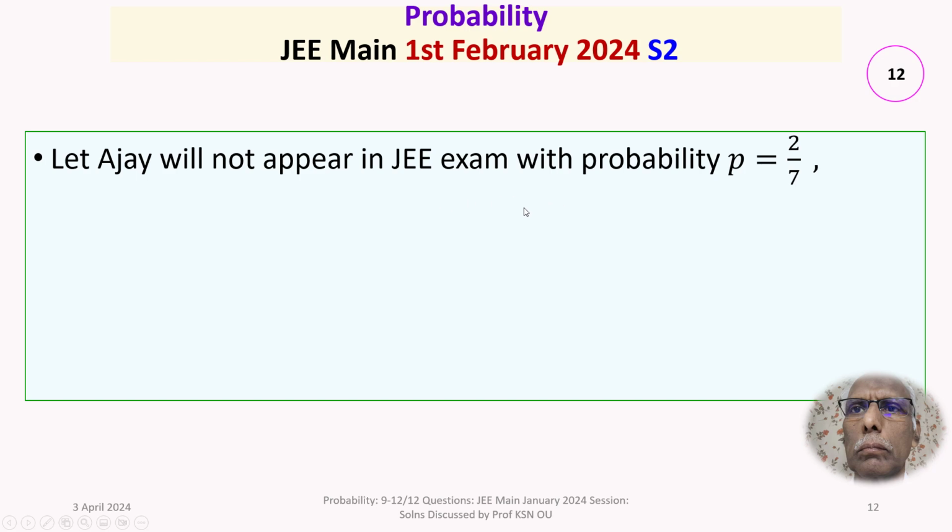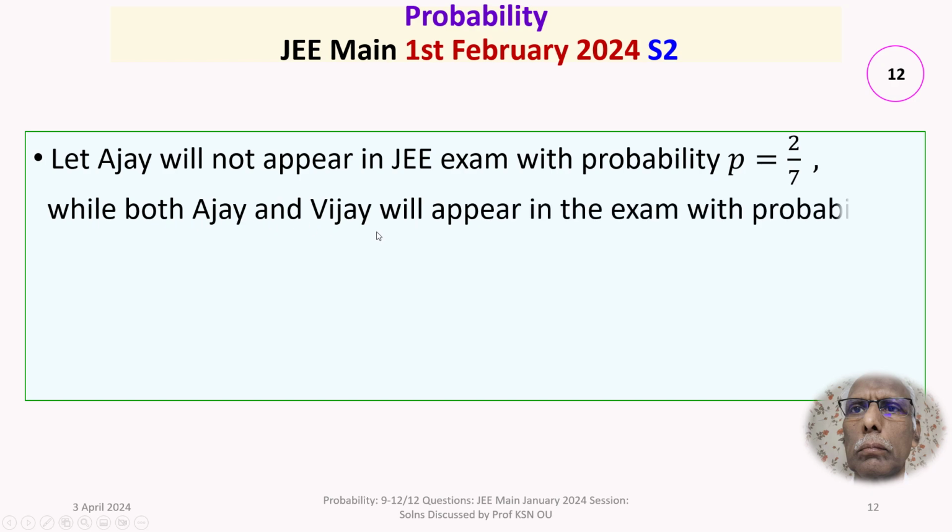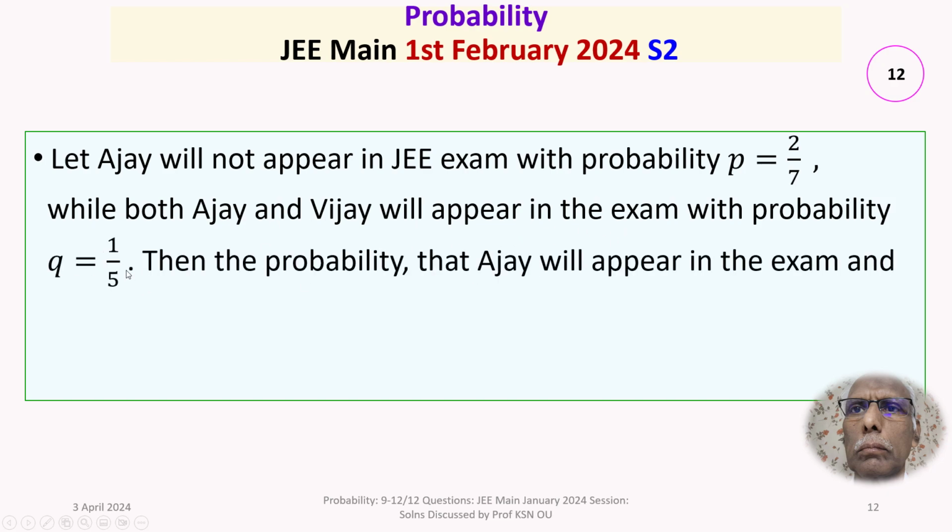So the probability of not appearing in the exam is 2 by 7. While both Ajay and Vijay will appear in the exam with the probability q equal to 1 by 5. The probability of both appearing is 1 by 5.